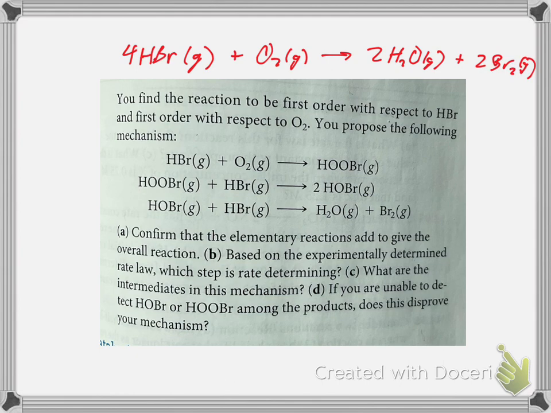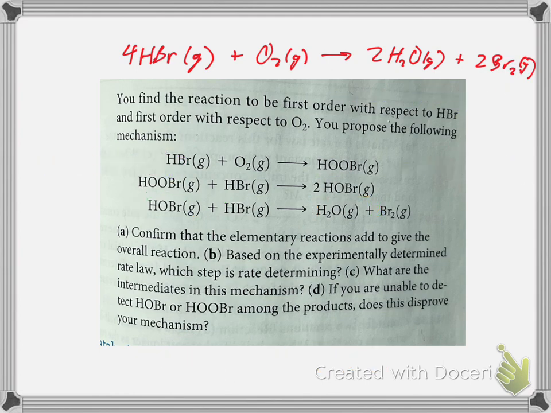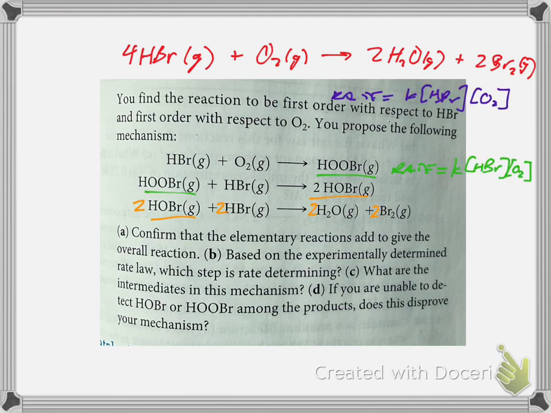And so HOBr has to be an intermediate. So what's wrong? Well, we need more HOBr on the left. So the way we fix that is we take the bottom reaction, the bottom step, and we multiply by 2.